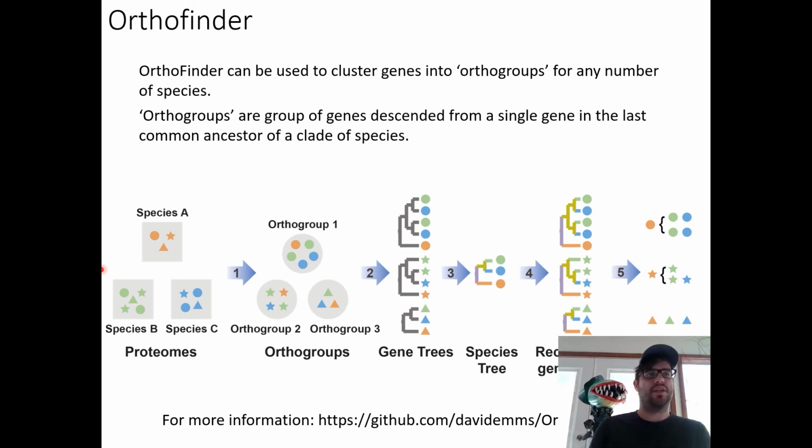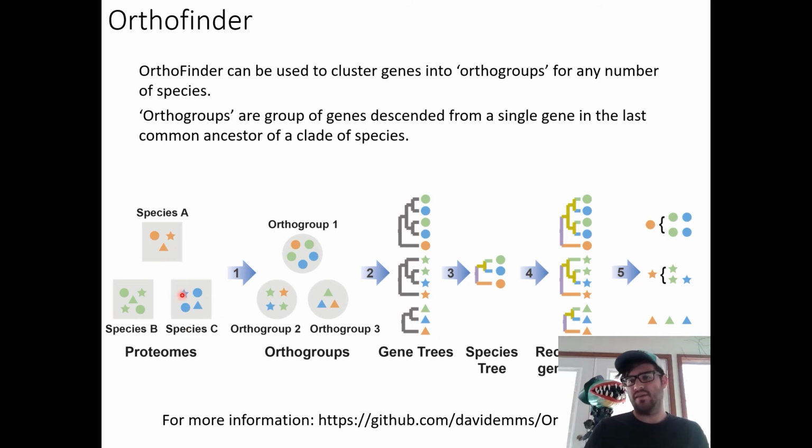And so the way this works is we would have all the genes or a subset of the genes in each species. And so these could be like species A, B, and C. And maybe there are 30 to 100,000 genes in each of these genomes. We can use BLAST or a BLAST-like program to compare all the genes in each species against each other.